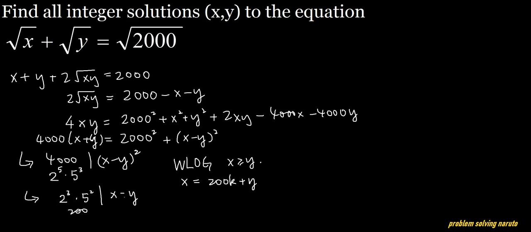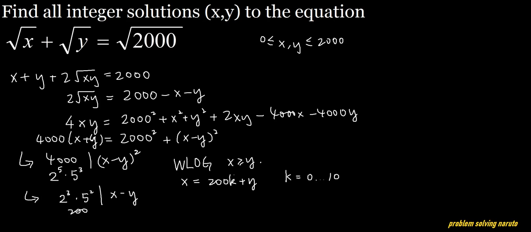Also, since we have square roots, x and y must be non-negative, and of course they cannot be bigger than 2000. So this tells us that k must be some number from 0 to 10.